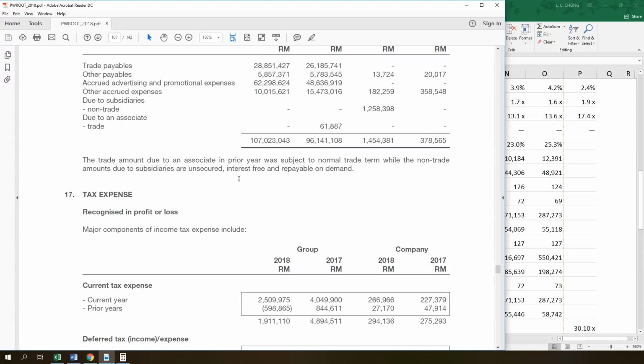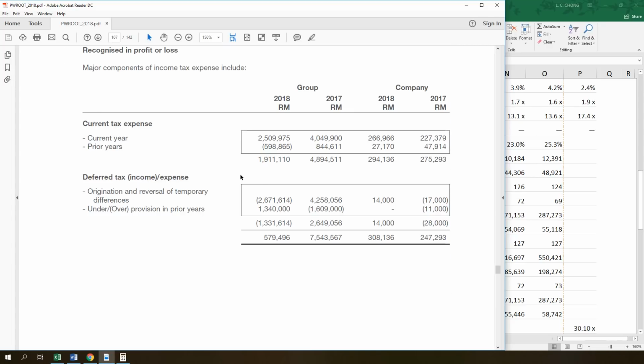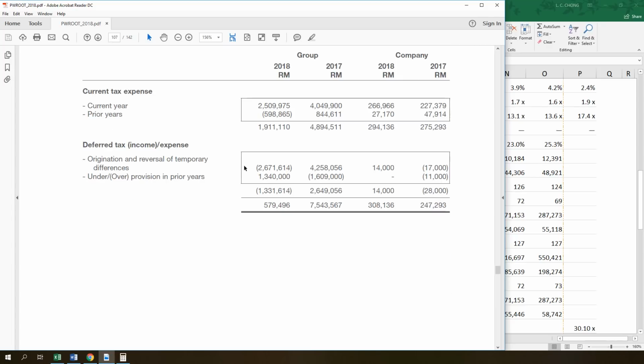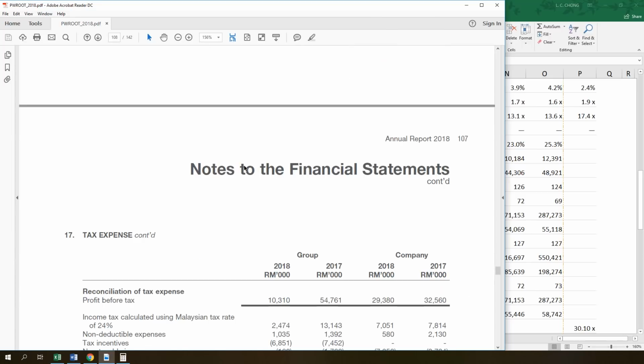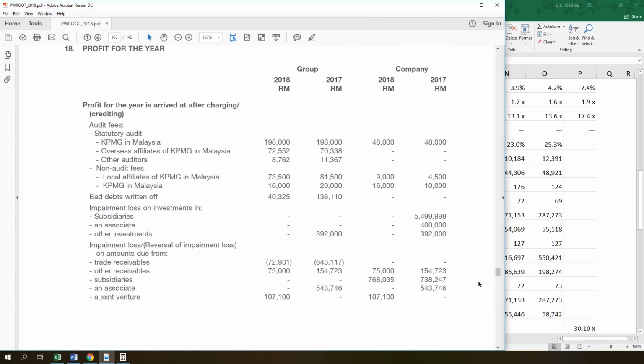The next section is tax expense. Alright. We just have to trust the auditor and accountant. Profit for the year. Okay, let's have a look. This is impairment loss.